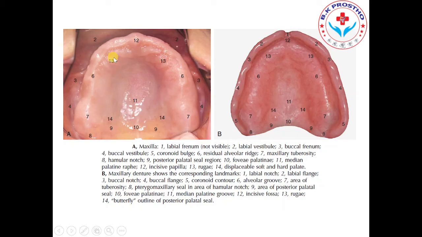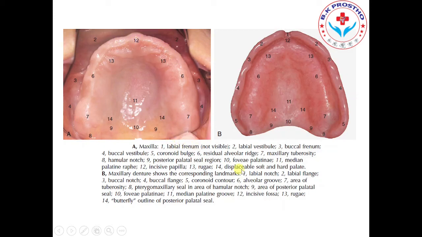This is the rugae area, the lateral part of the palate. This is the posterior lateral part of the palate, which provides the primary support bilaterally. The foveae palatinae are at the vibrating line. Then the hamular notch, buccal vestibule, buccal frenum, labial vestibule, and the labial frenum.